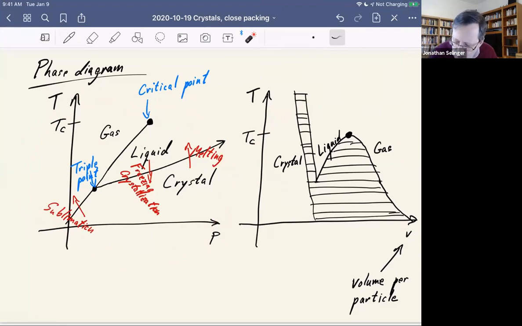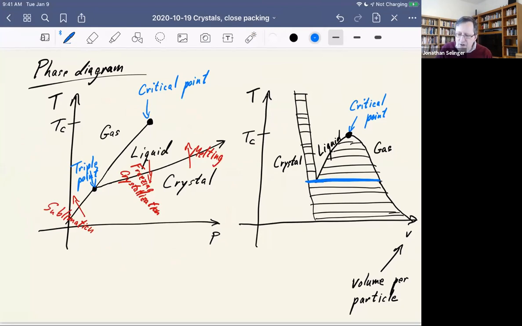And so we can see over here, this is the critical point. And then the triple point, well, that's this whole horizontal segment right along here.